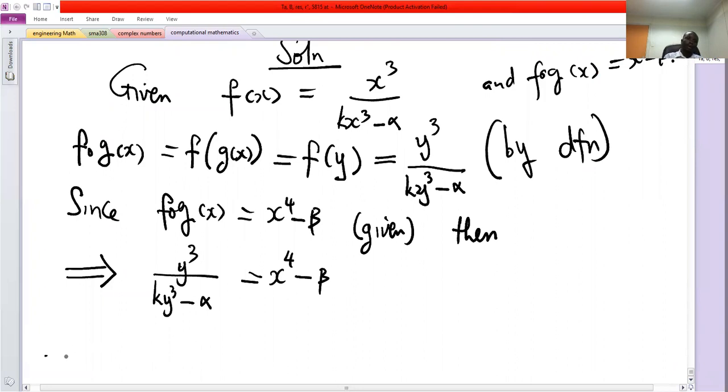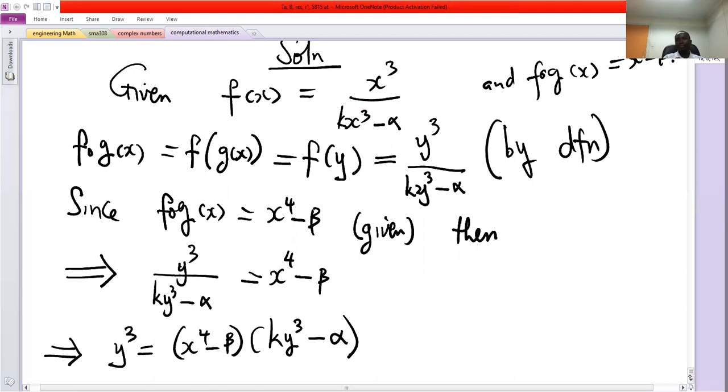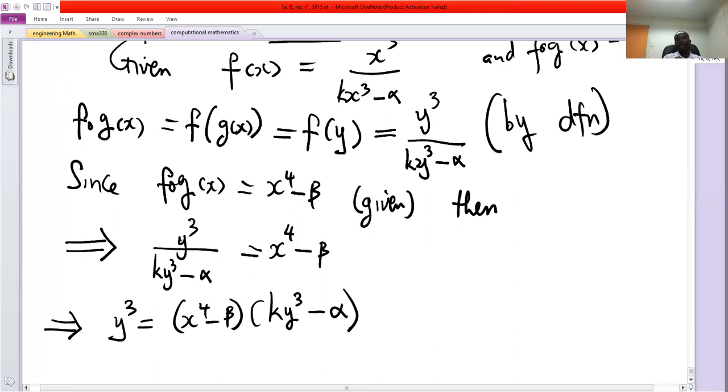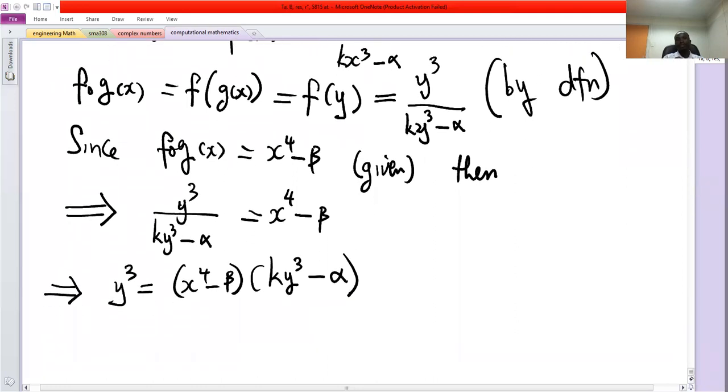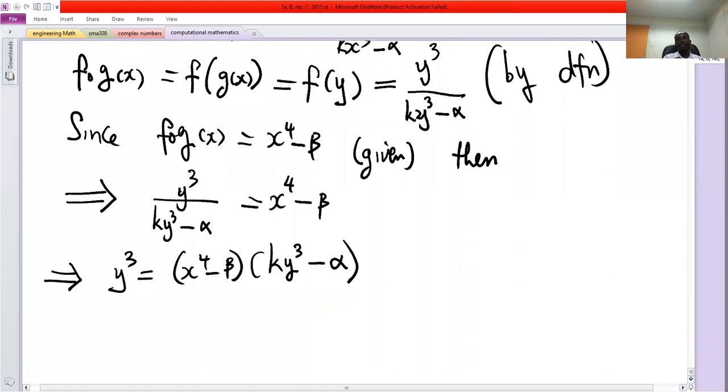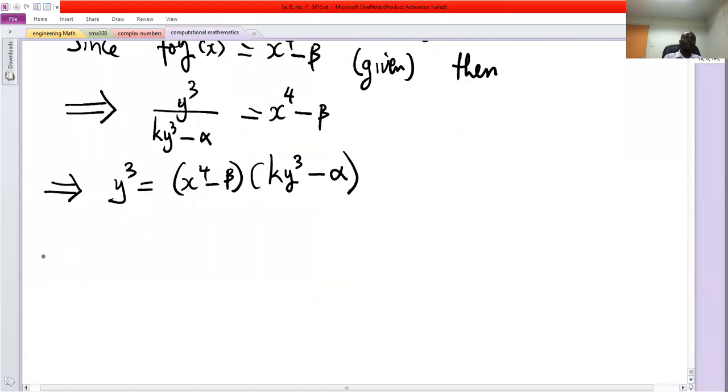So cross multiply, we'll have y cubed equals x power 4 minus beta multiplied by k y power 3 minus alpha. Then we open the bracket so that we have the terms in y collected together.